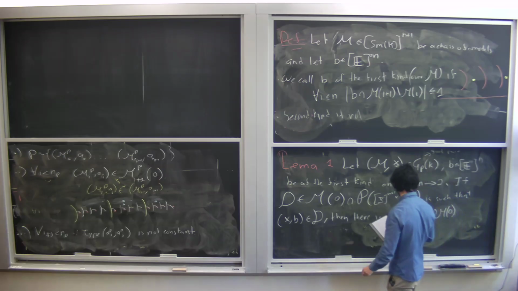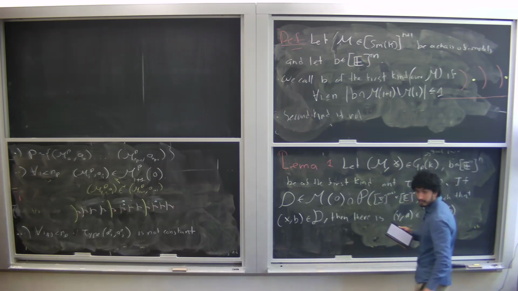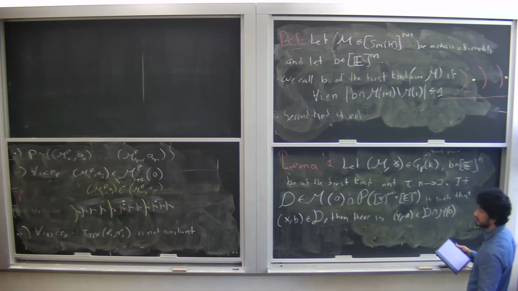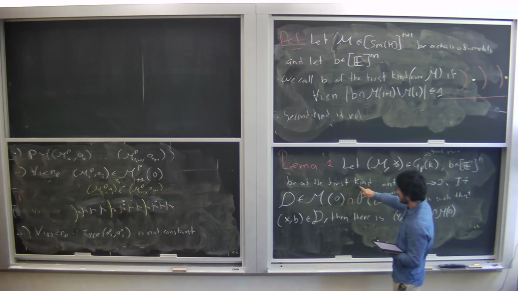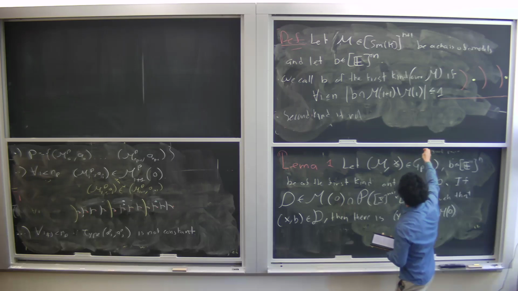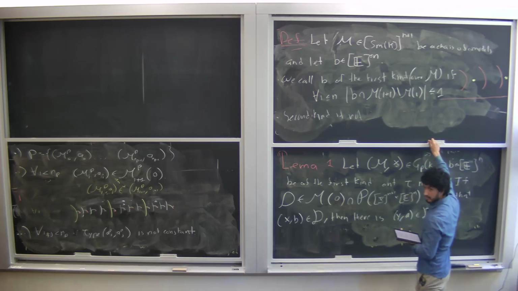But if XB is in D, wouldn't that mean B couldn't be of the first type, because it's a subset of M0, it's not separated? Which one, B? You have XB an element of D, and B is supposed to be of the first kind, but if B is in M0, it can't be separated.